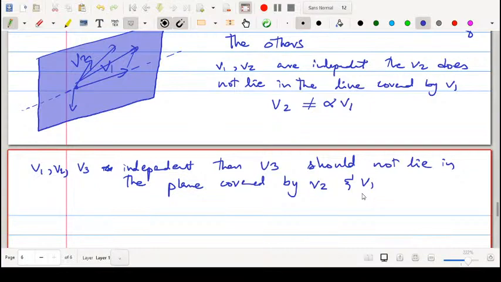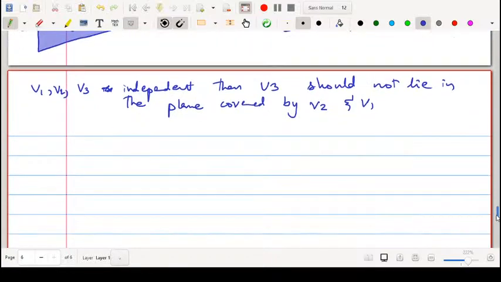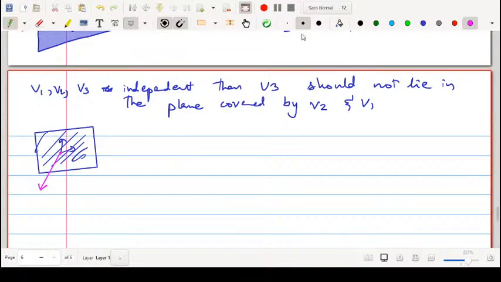That's something important that I want. So let's say this is a plane that was made, and v1 and v2 were inside this plane, and now I want my v3 to be outside, sort of coming out of this plane, outside the page.